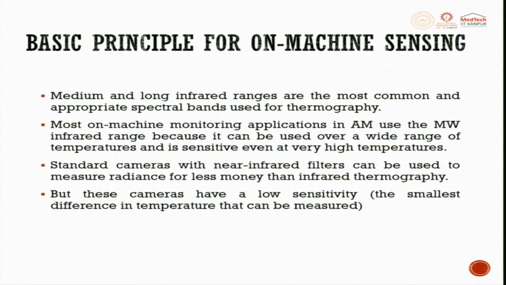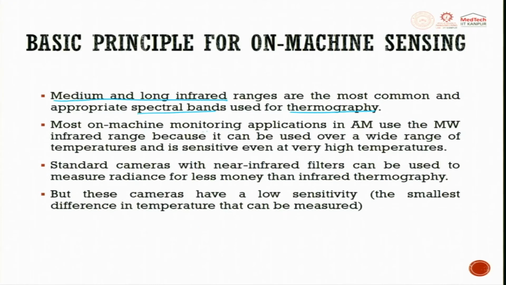The medium and long infrared range are the most common and appropriate spectral bands used for thermography. We talk about the IR camera, which is what we use for thermography. It works on the medium and long range spectrum.